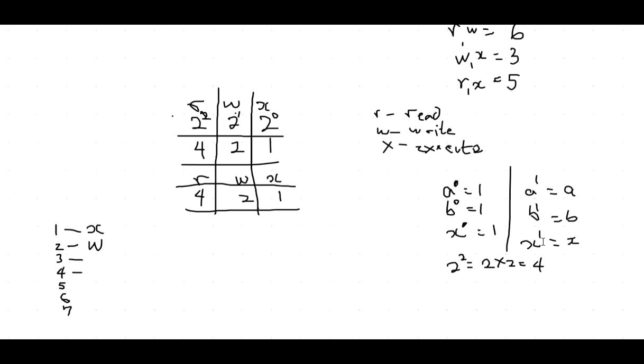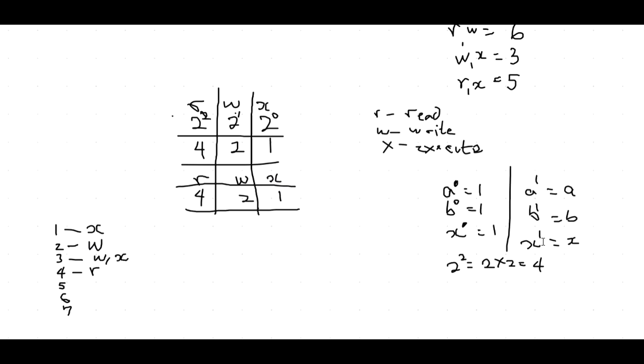Okay, so 3 is 2 and 1, or 1 and 2, but in this order, 2 plus 1 is 3. So what does 3 represent? Can we say write and execute? Yeah, write and execute. 2 and 1.